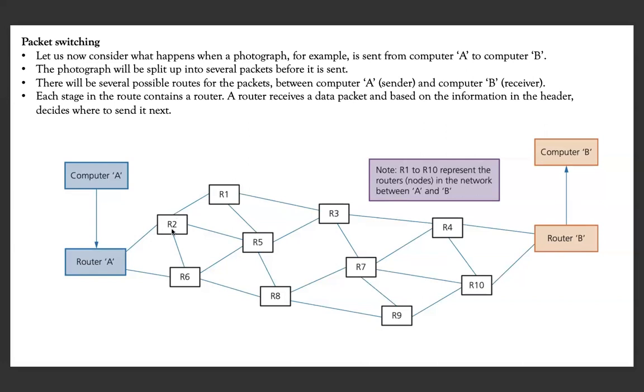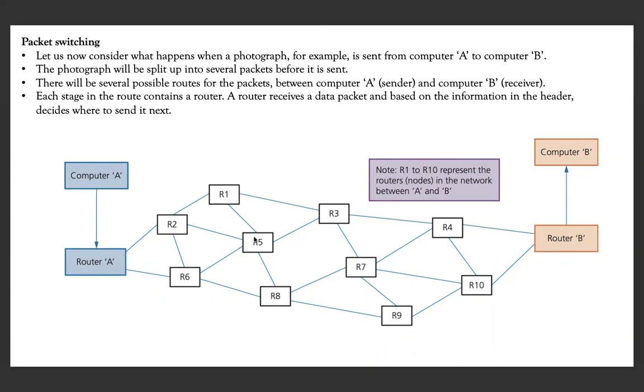So for example, if it determines that the best path is from router 5 onwards, then it will forward it to 5. And if it determines that router 1 onwards is the better path, then it will forward to router 1. If it sees that its better path is to router 6, then it will forward to router 6. And when it reaches router 5, router 5 will take the exact same set of steps. It will see, okay, now I have received this packet. The destination states that I have to reach this place.